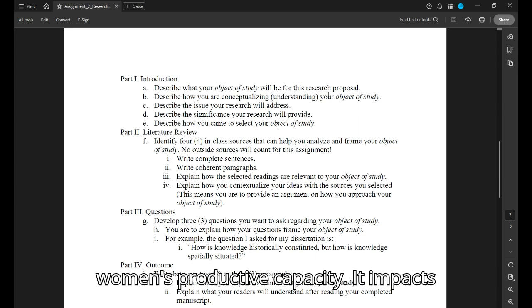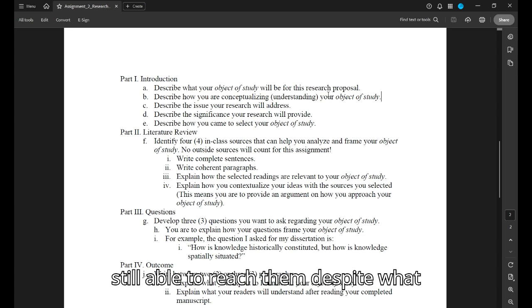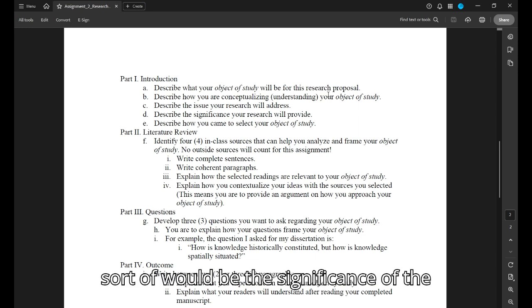It impacts women's productive capacity and their earning capacity, and women tend to live in situations that are precarious to their safety. It doesn't matter if women are living in first world nations or developing nations, the violence is still able to reach them despite their social position. So that would be the significance of the study.